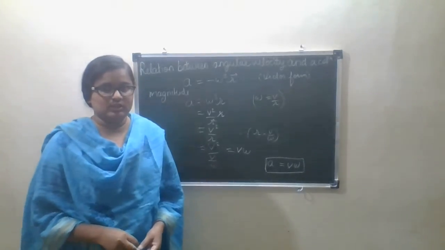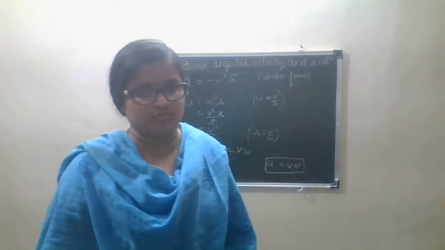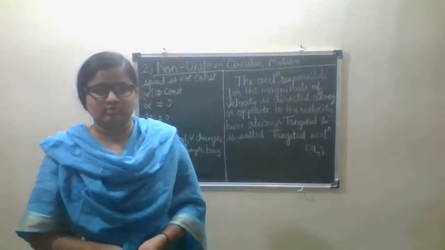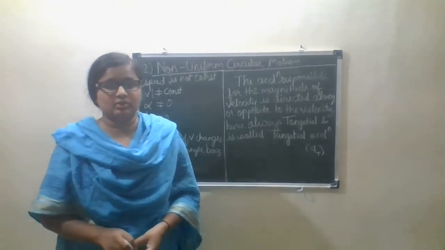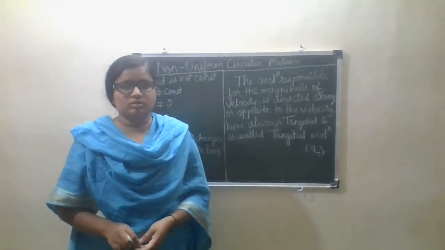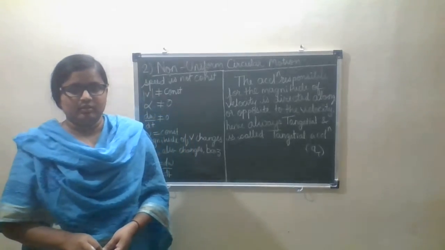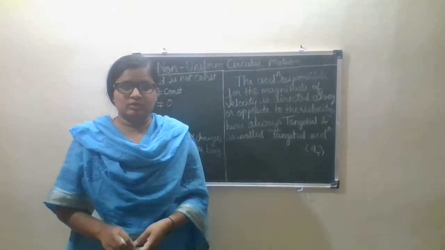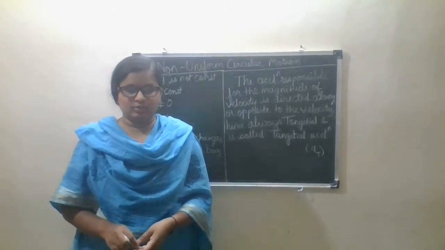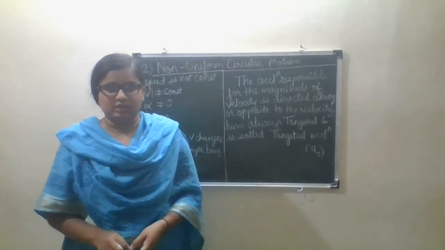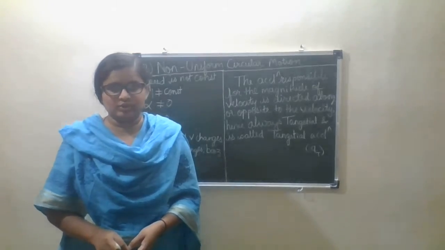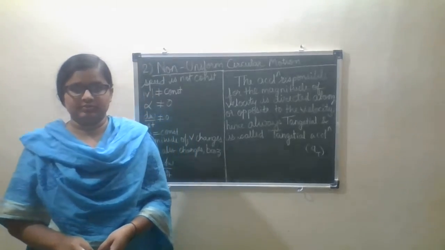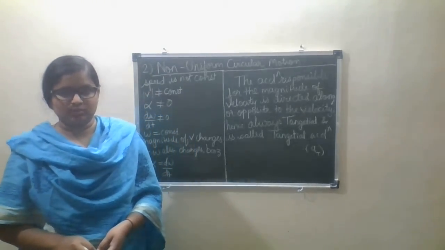Now further we will see non-uniform circular motion. What is non-uniform circular motion? Previously we have seen the relation between the angular velocity and acceleration in uniform circular motion, and now we will see non-uniform circular motion.